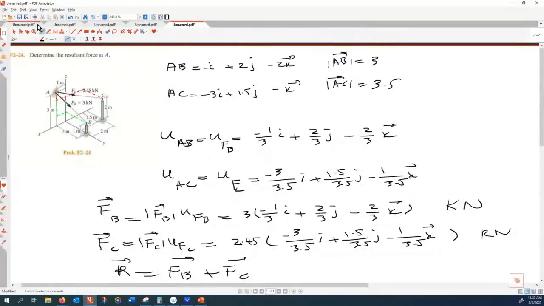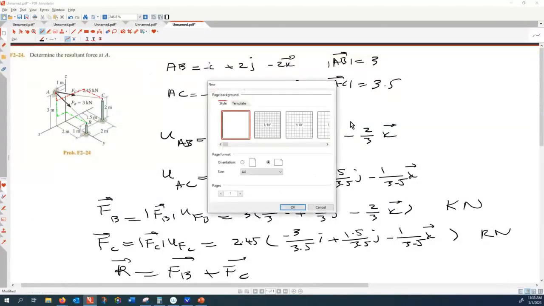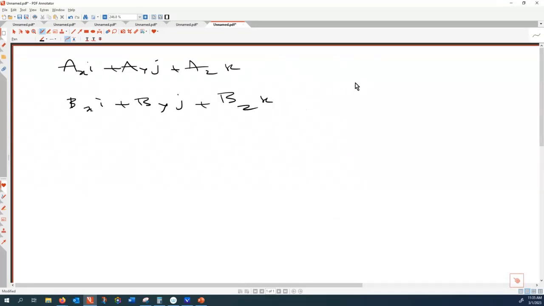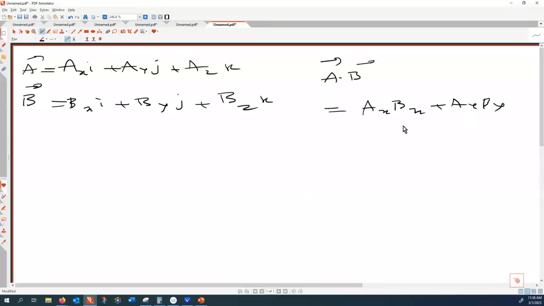So let me summarize two formulas for you. So if I have AXI, AYJ, AZK, and BXI, BYJ, BZK. So how do I find A dot B? In this case, A dot B is simply AX BX plus AY BY plus AZ BZ.